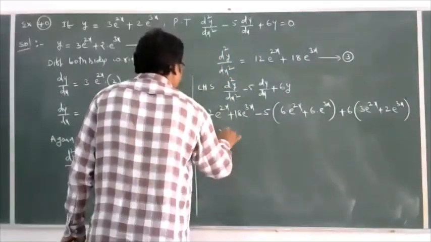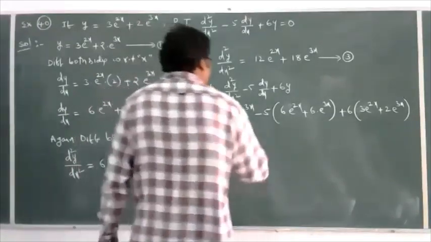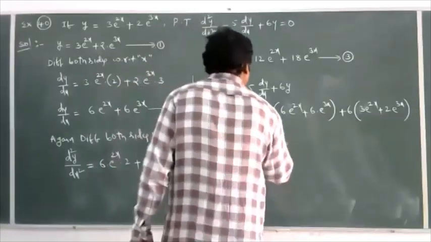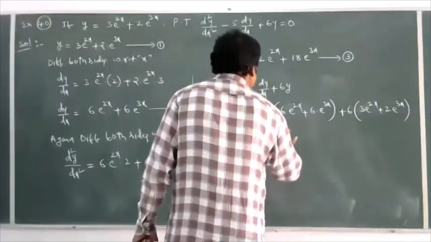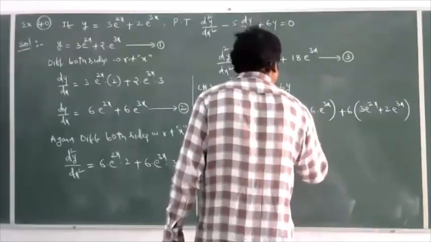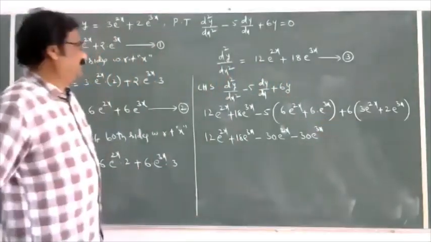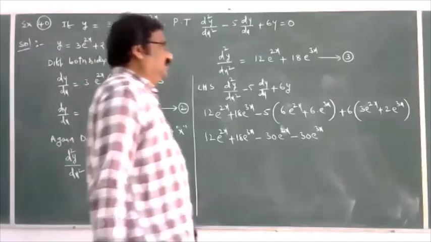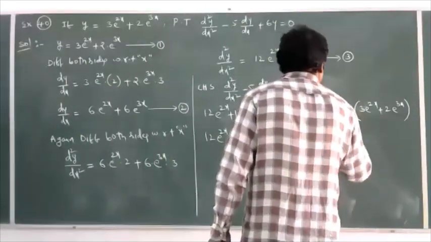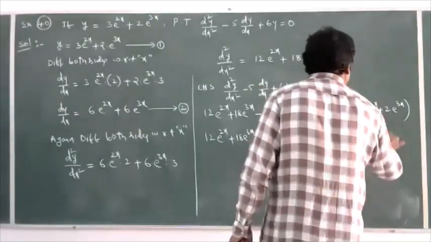That is 12 into e power 2x plus 18 into e power 3x minus, multiplying 5 in the bracket, 5 into 6, 30 into e power 2x, minus 5 into 6, 30 into e power 3x, plus multiplying 6 here, 6 into 3, 18 into e power 2x, plus 6 into 2, 12 into e power 3x.